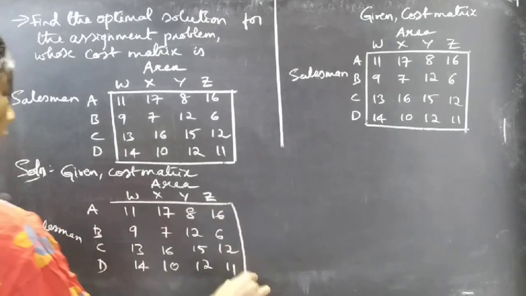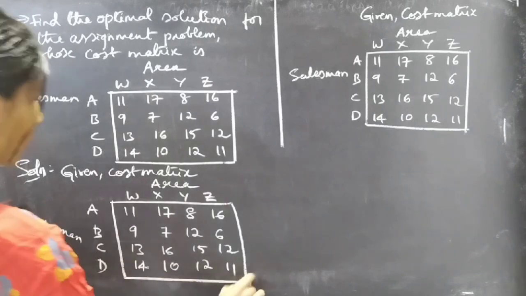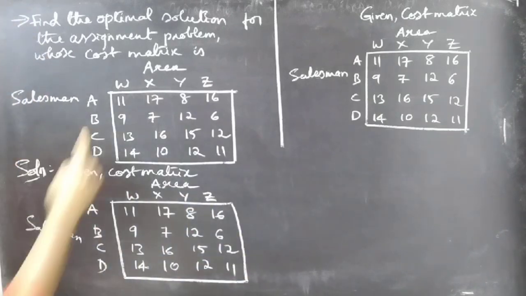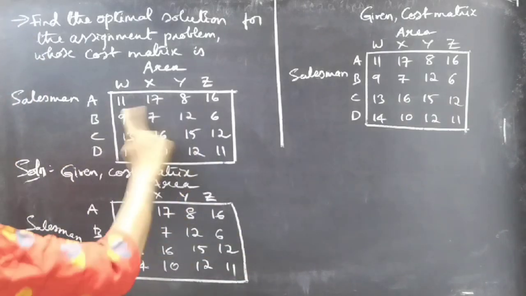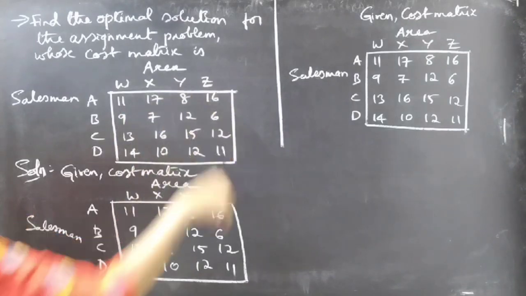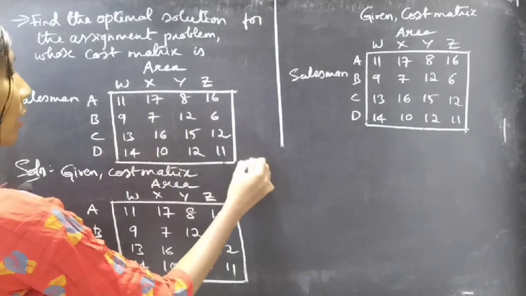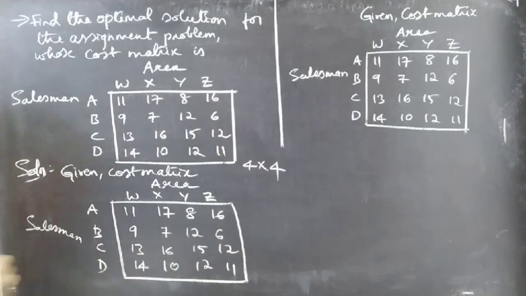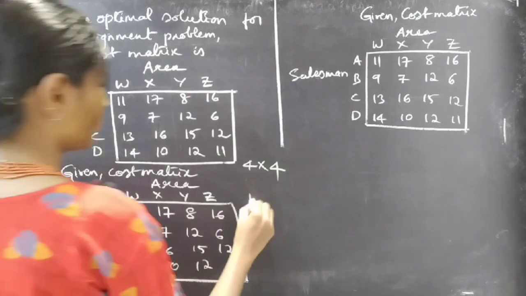So we are given a cost matrix which is balanced. We have a 4 by 4 matrix, which is a balanced one.